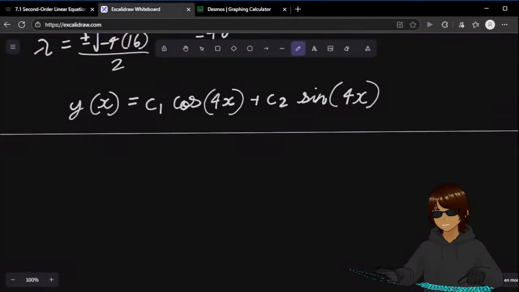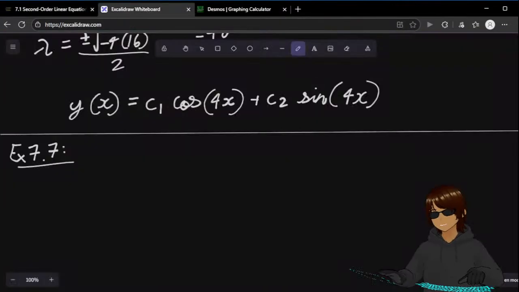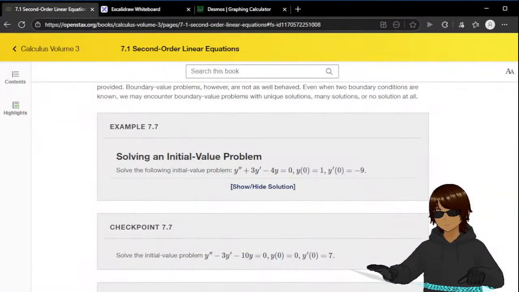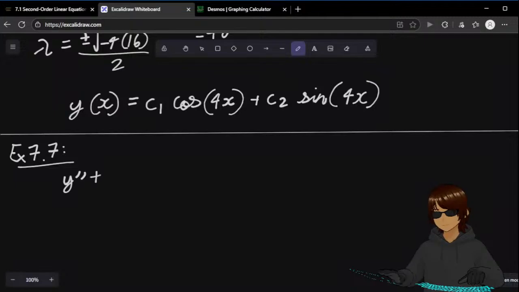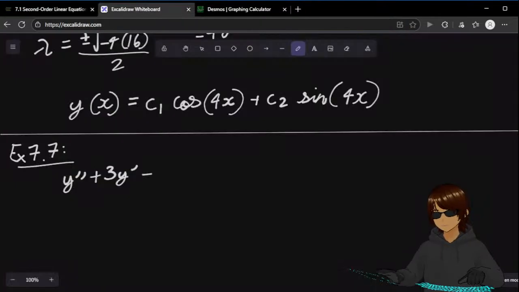Example 7.7. The differential equation is y'' + 3y' - 4y = 0. So the coefficients are 1, 3, minus 4.